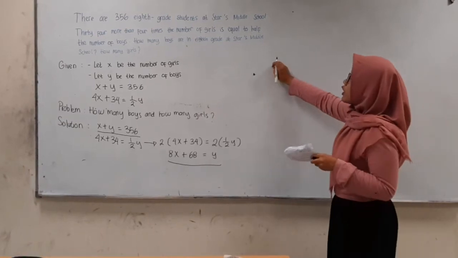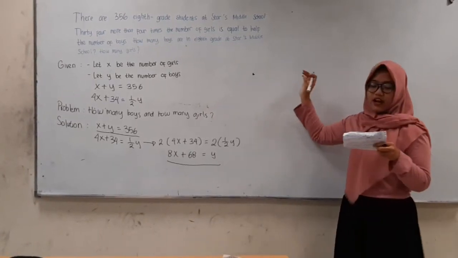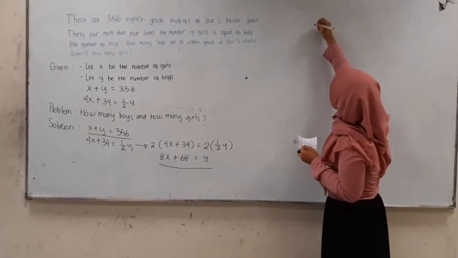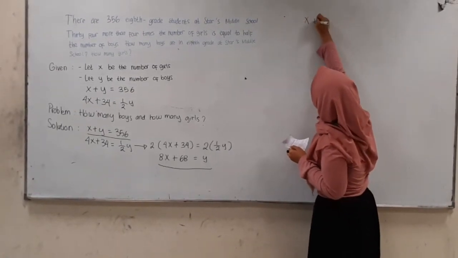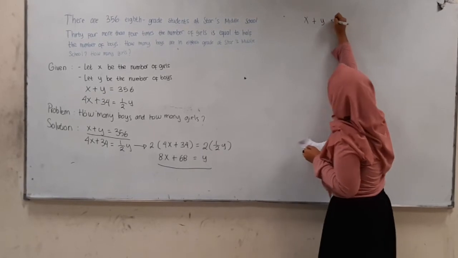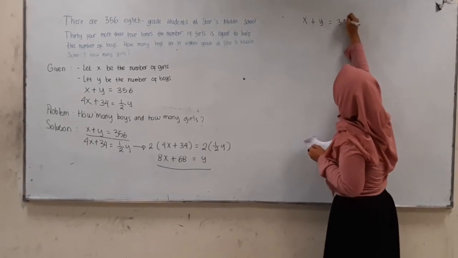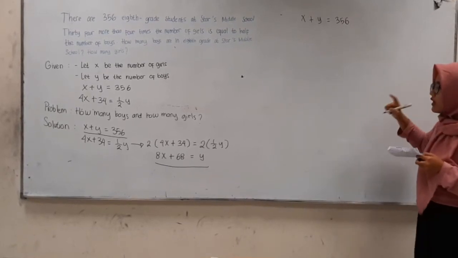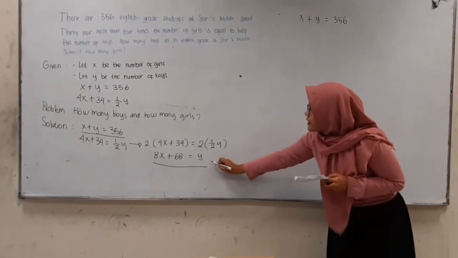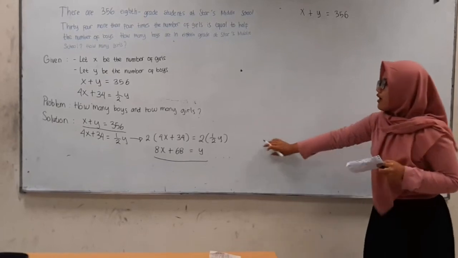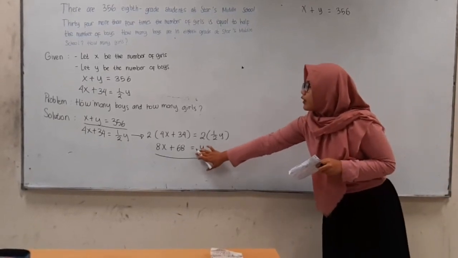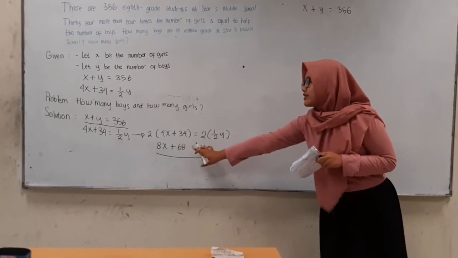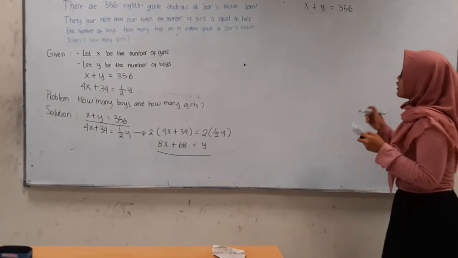And the next, to simplify this, we can substitute the equations. The first equation is x plus y equals 356. In this equation, y equals 8x is added to 68.